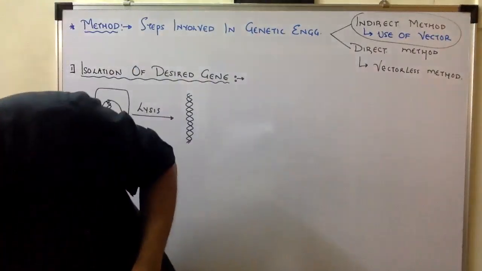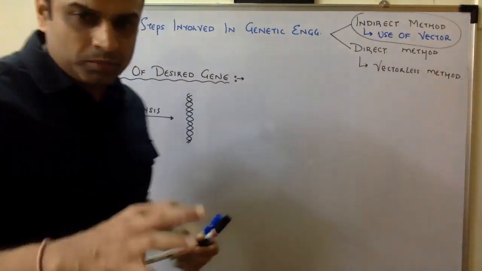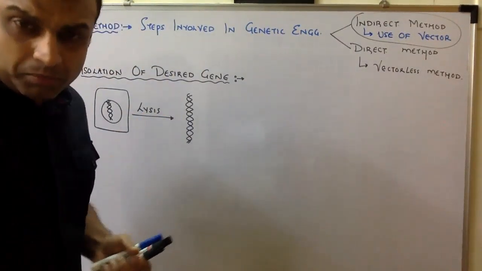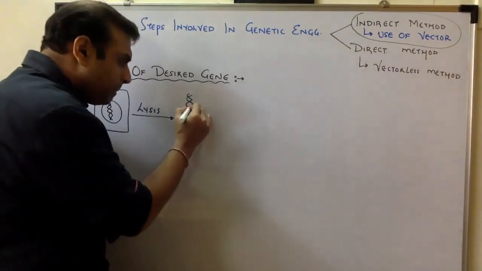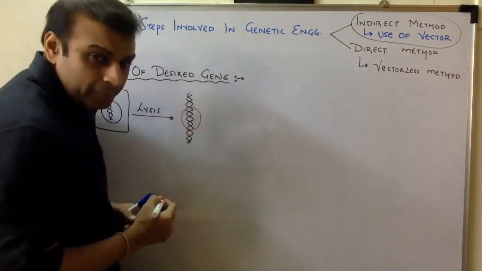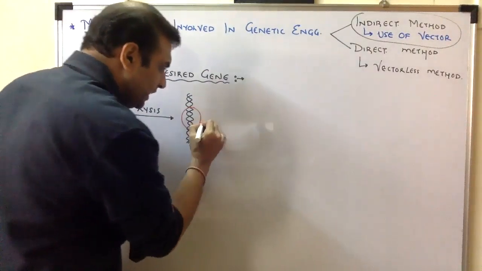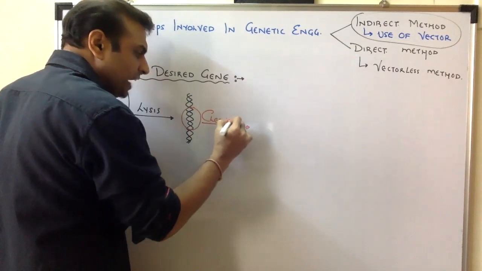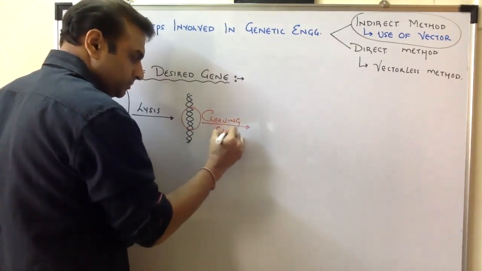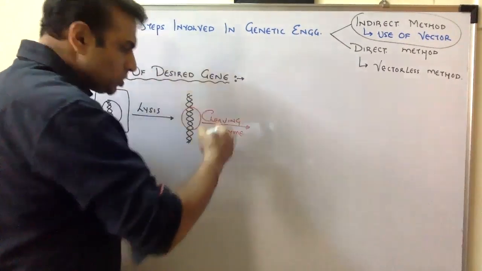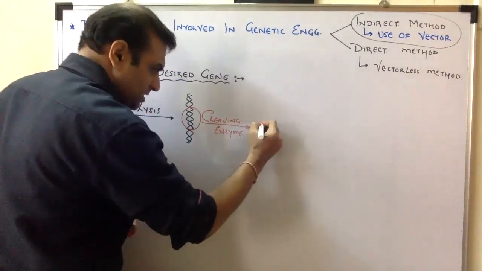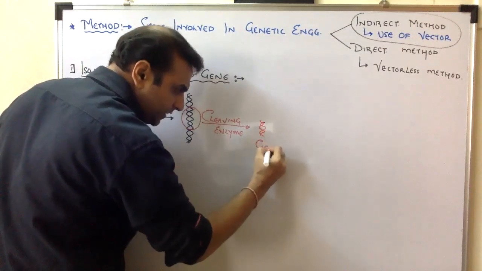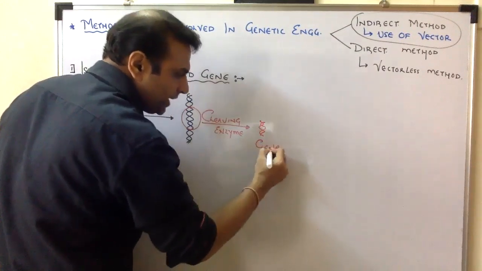Now you all know the meaning of the word genome. I am not interested in the entire genome, but only in a part of it. So I need to cleave the DNA. For cleaving, I will use a cleaving enzyme, and after that I will get my gene of interest.